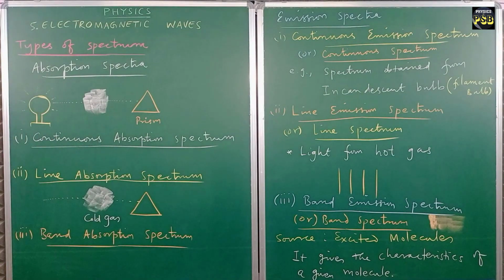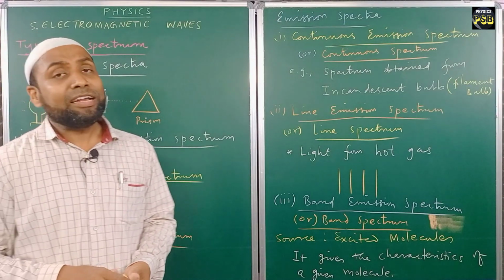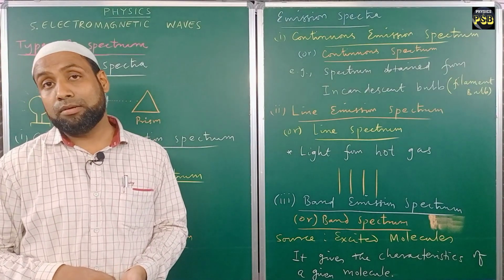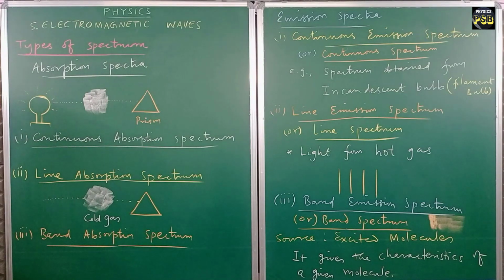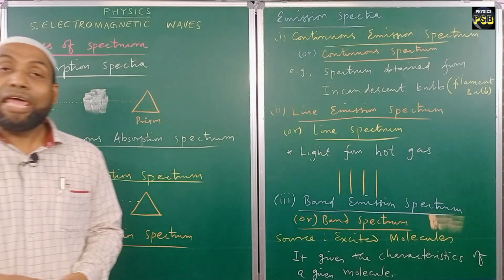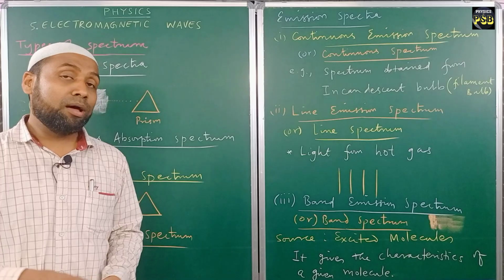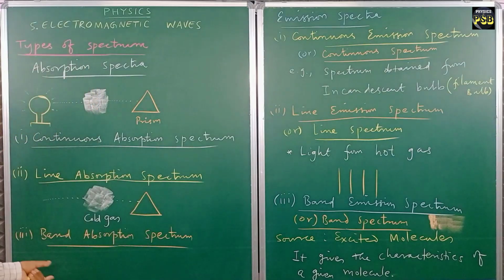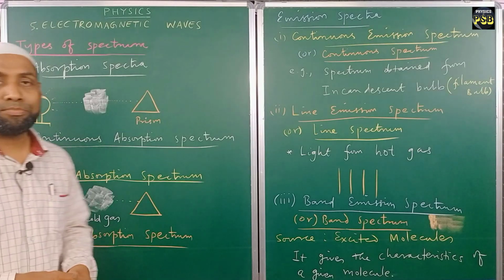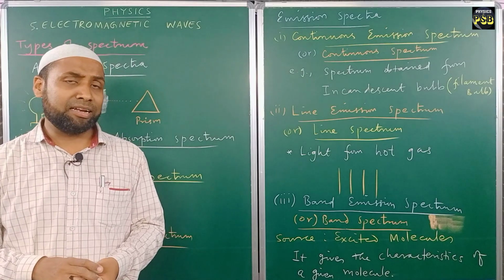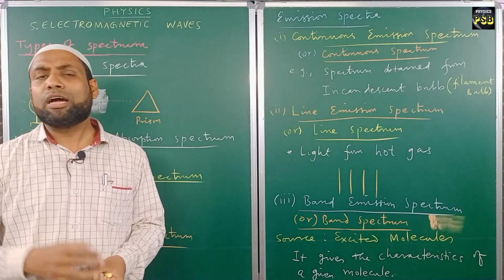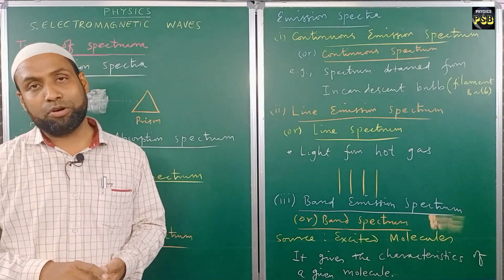Let's see what this band absorption spectrum is. When white light from an arc lamp is allowed to pass through a dilute solution of chlorophyll or blood, we obtain a band absorption spectrum. Here, dark bands are seen with a continuous bright background.